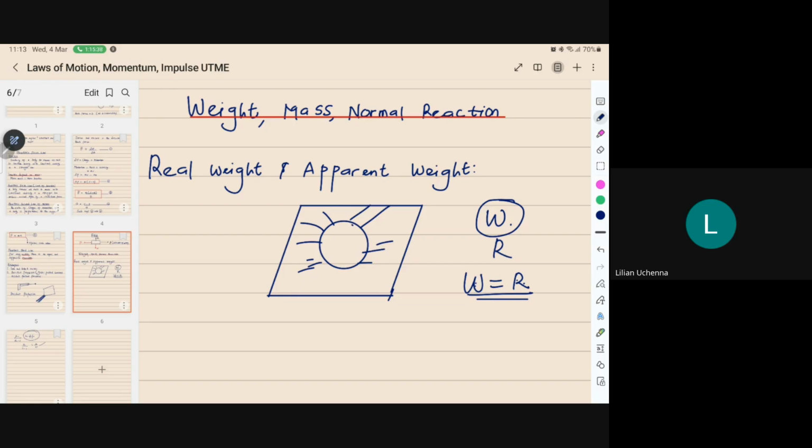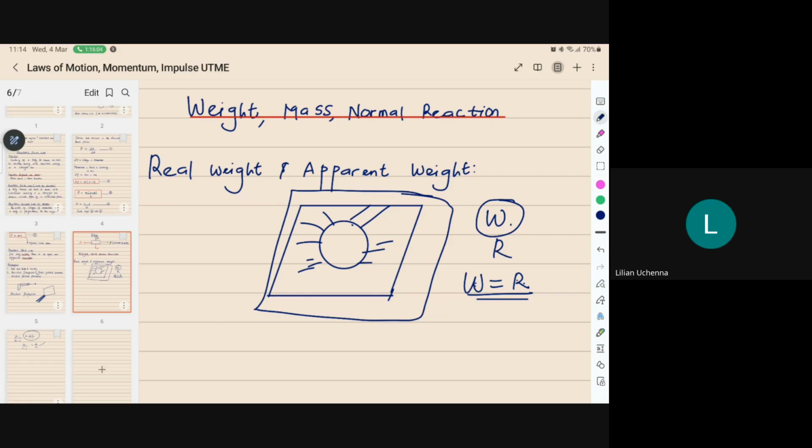But you see, when this scale is moving, when there is a movement, let's say you as a person is moving. That's why for those that work in the hospital, while measuring our weight, are we allowed to move our body? If I go to the hospital to check my weight, I climb the scale, are we allowed to move our body? No. Do you know why you're not allowed to move your body?